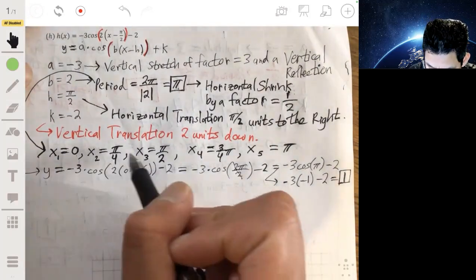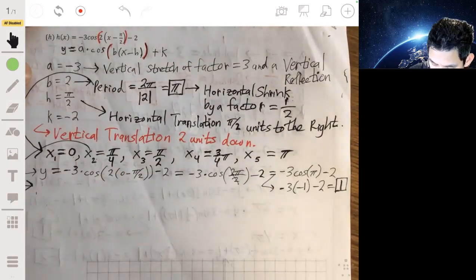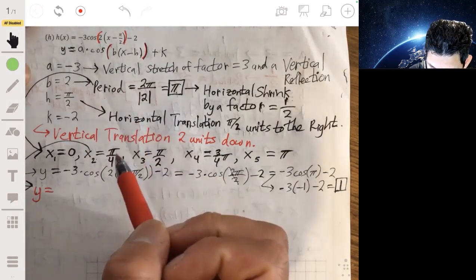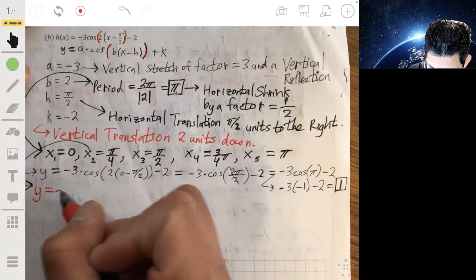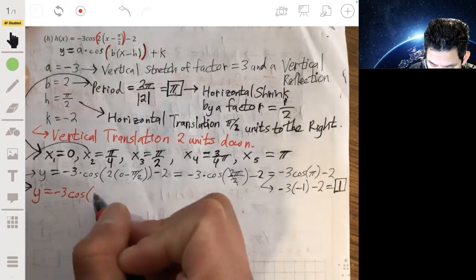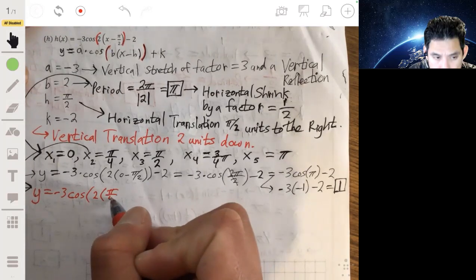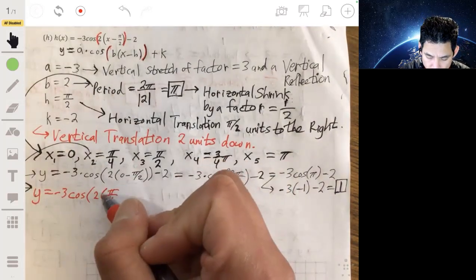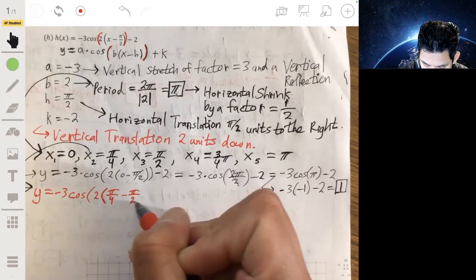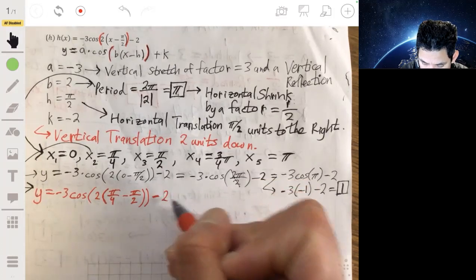All right, next, now let's look at x2. Let me switch colors so it's easy to distinguish. So y will then be equal to -3 times the cosine of 2 times (pi over 4 minus pi over 2), minus 2.